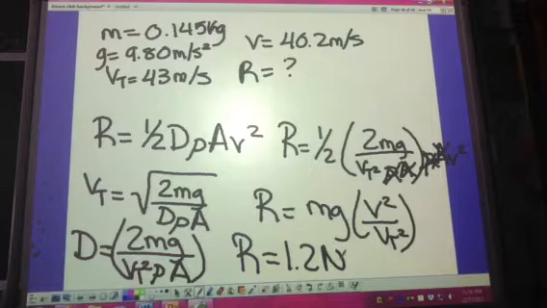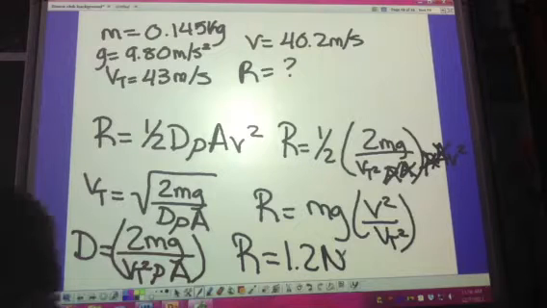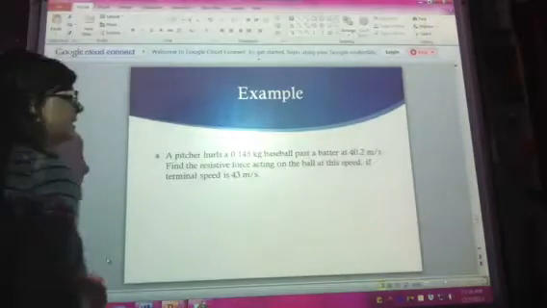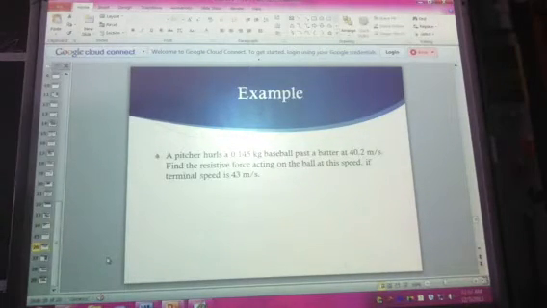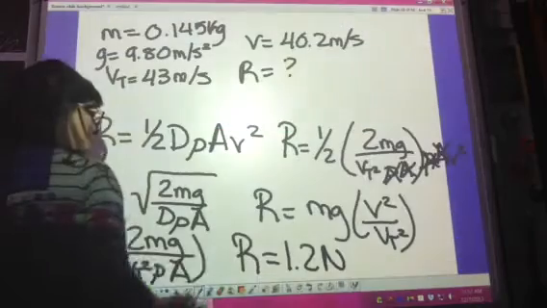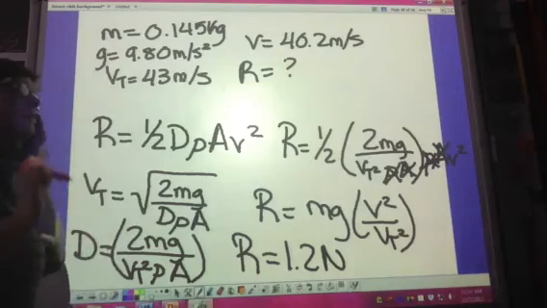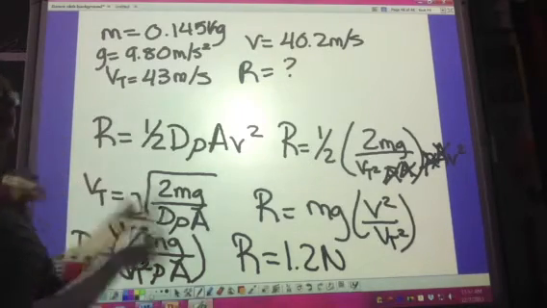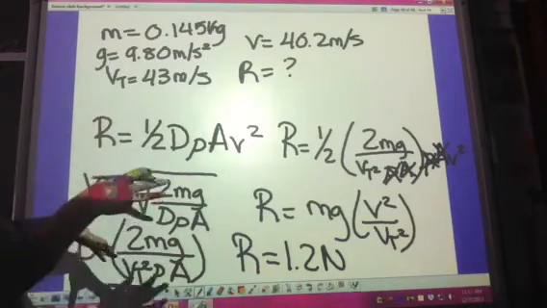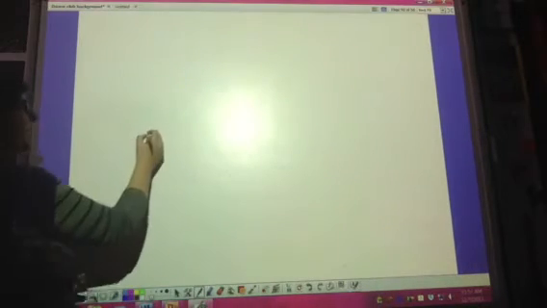Okay, so thinking about that then, that's the resistive force acting on that baseball at that 40.2 meters per second. If we were to think about the weight force, remember that terminal speed happens when the resistive force is equal to the weight force.